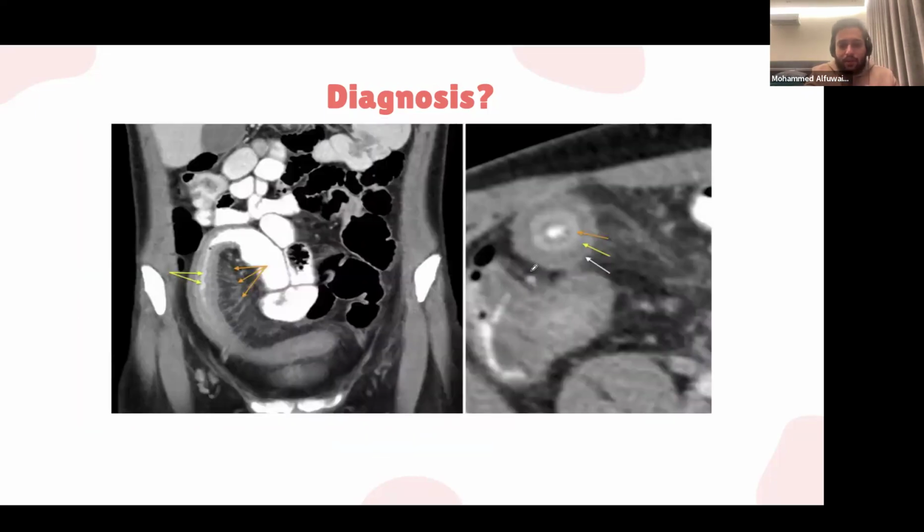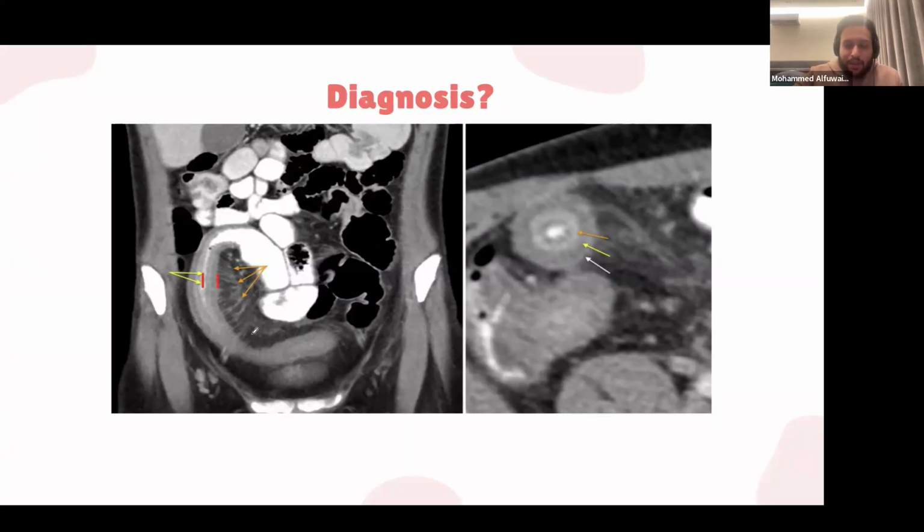How about this patient? Do they have ulcerative or Crohn's disease? This is also Crohn's. Why can I say it's Crohn's? The wall extent.